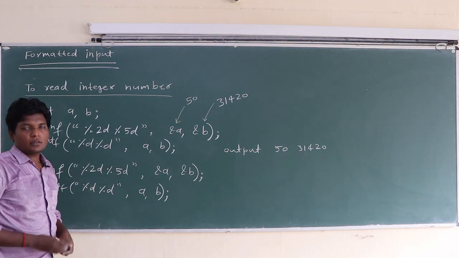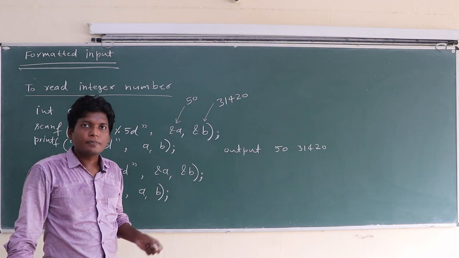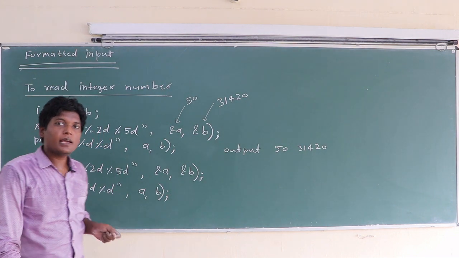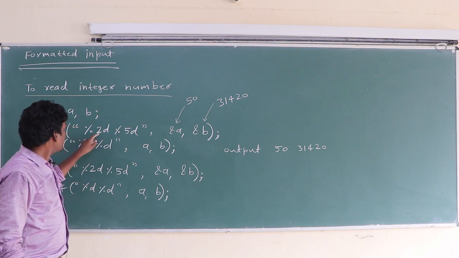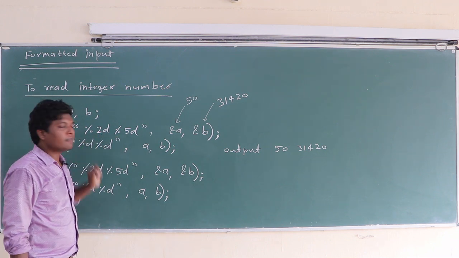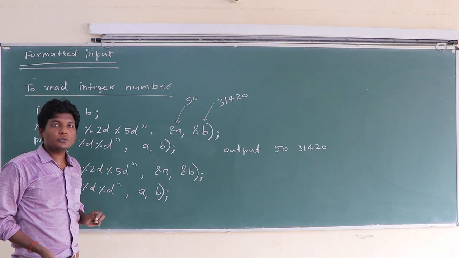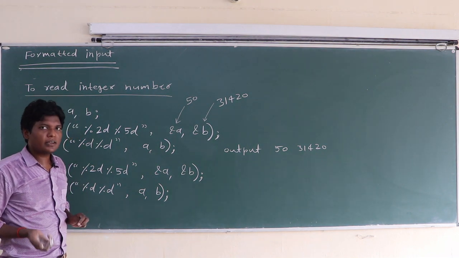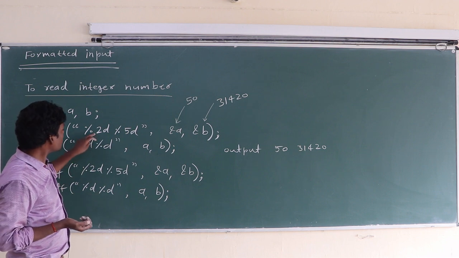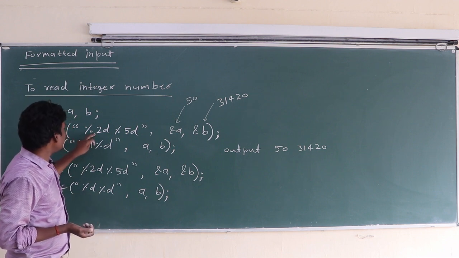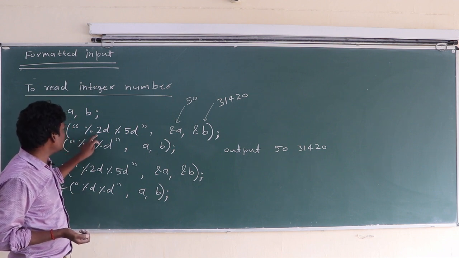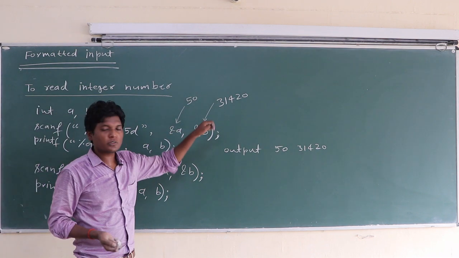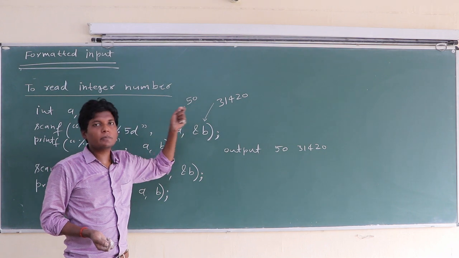Normally we use %d in scanf, but here we use %2d and %5d. You can also use %10d, %200d, %500d. So class, what is the effect of this %2d %5d on reading these inputs?